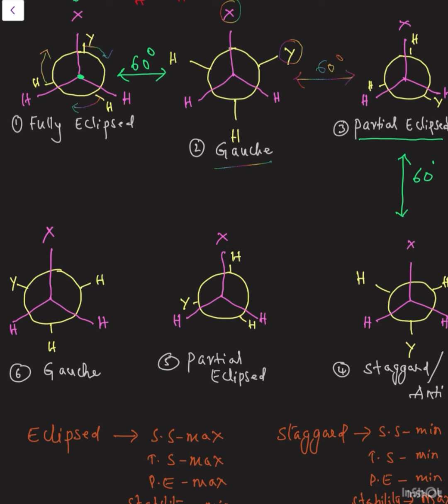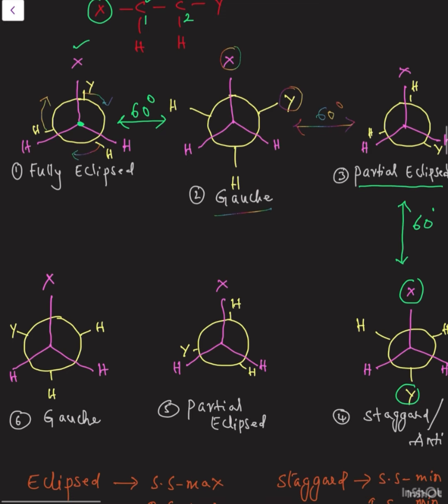Staggered or anti is nothing but where both X and Y are in opposite directions. The conformer in which X and Y are at 180 degrees, opposite to each other, is called staggered.